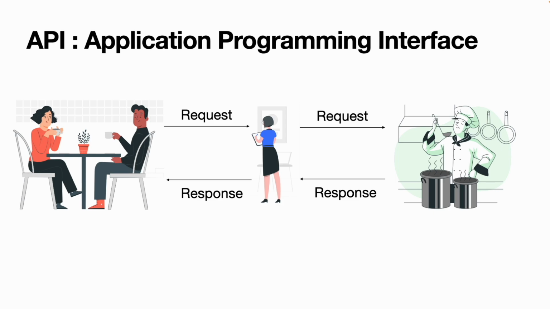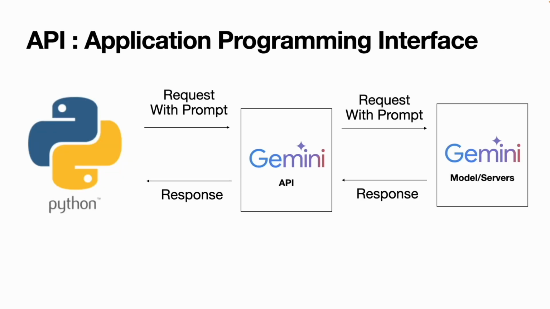APIs basically allow different types of software to communicate with each other, taking in inputs and giving out responses as outputs. In a similar way, our Python program is going to send a request to the Gemini API with a certain prompt. A prompt is basically a search term or a question that you would want to ask Gemini.